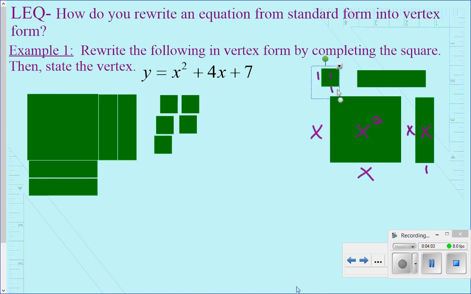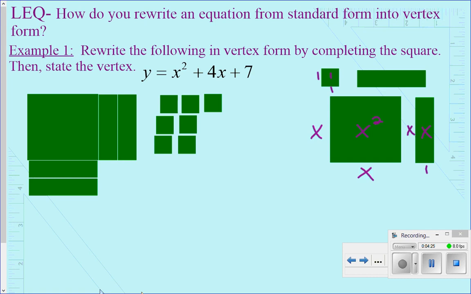Okay. So now we have our expression here, x squared plus 4x plus 7. We have that represented with the tiles.